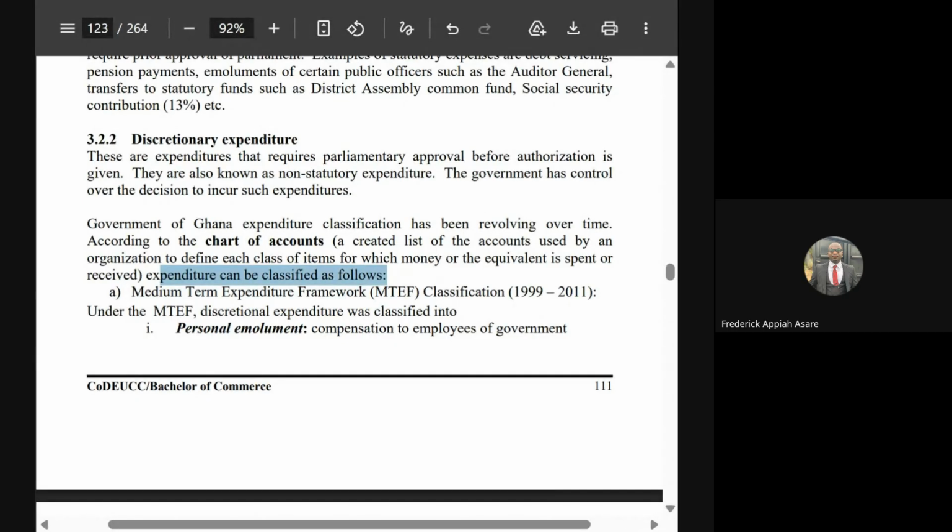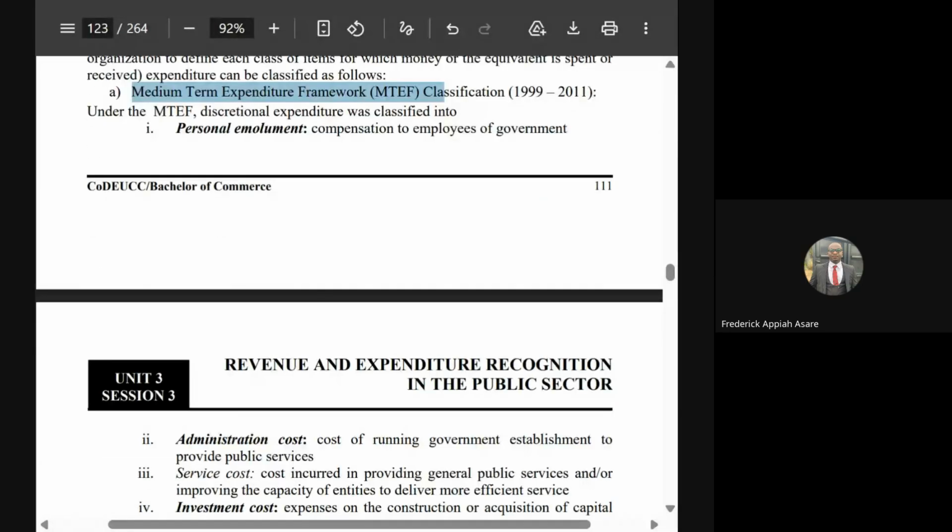Before 2012, that is from 1999 to 2011, we used the medium-term expenditure framework. And this was the composition of the expenditure.